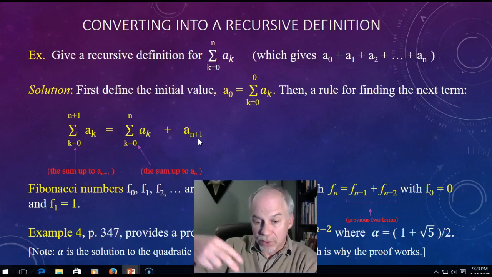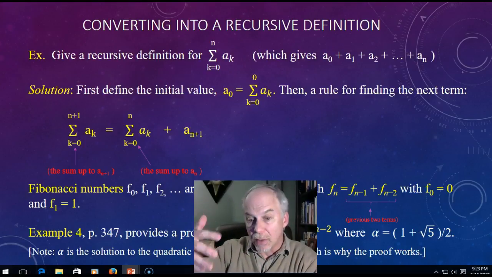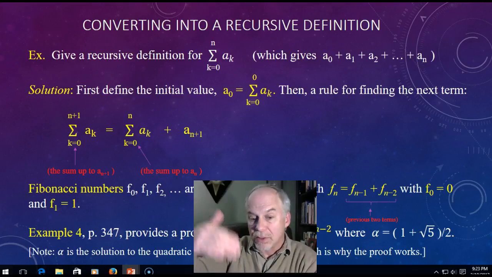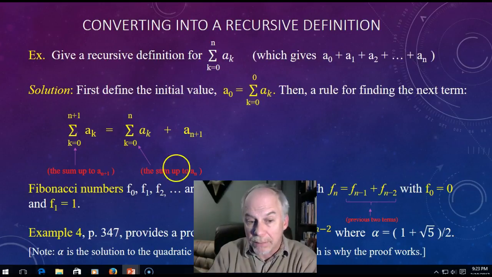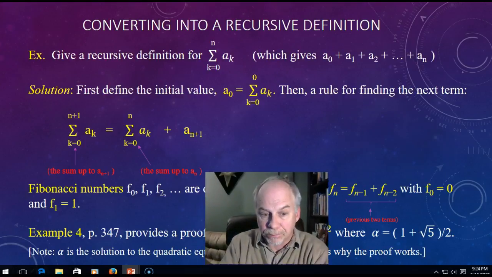In other words, just add the next term to the sum from 0 to n, and you'll have it going from 0 up to n plus 1. So this is a recursive definition, this along with the initial value definition, and you have a recursive definition.